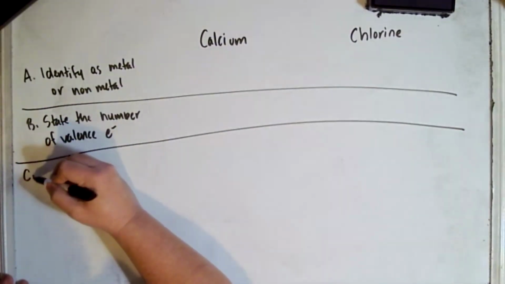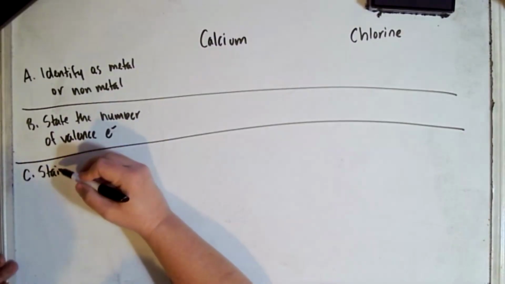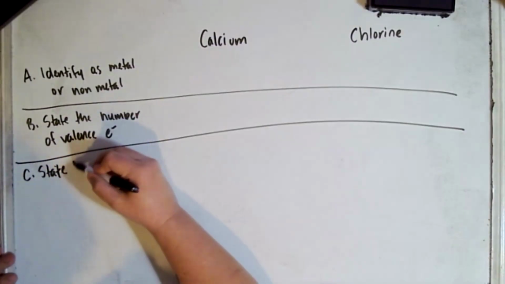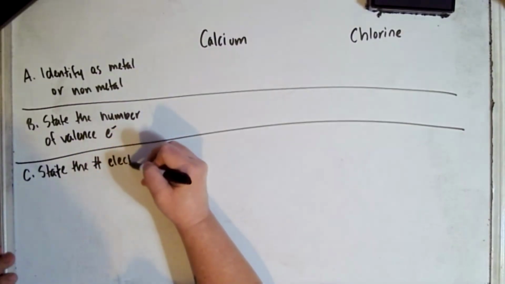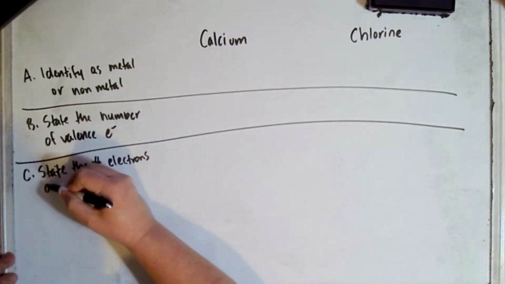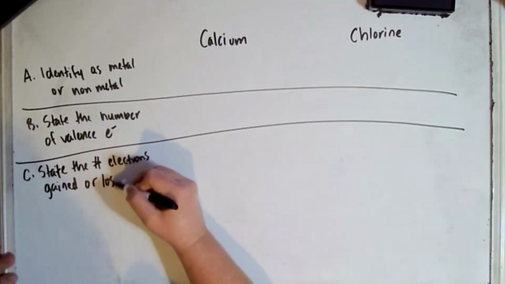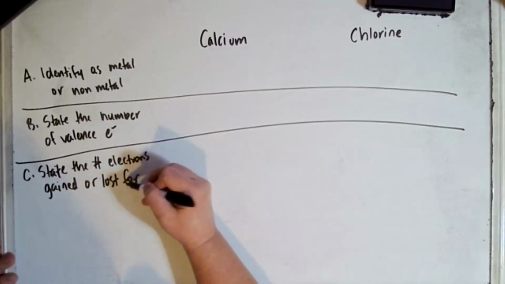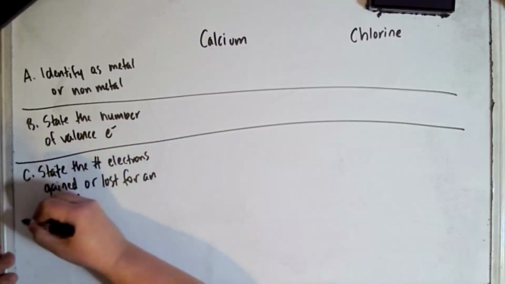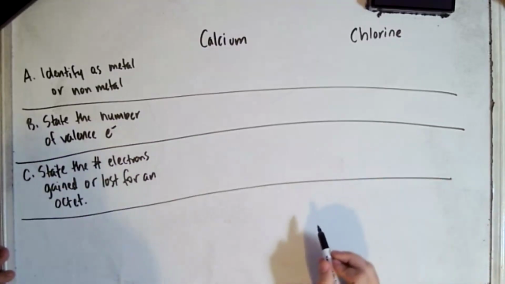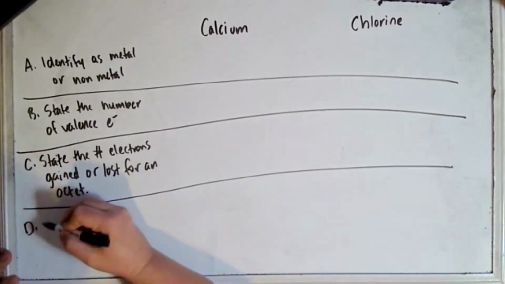State the number of electrons that must be gained or lost to acquire an octet. And then the last question they're asking us to look at here is to write the symbol of the ion.